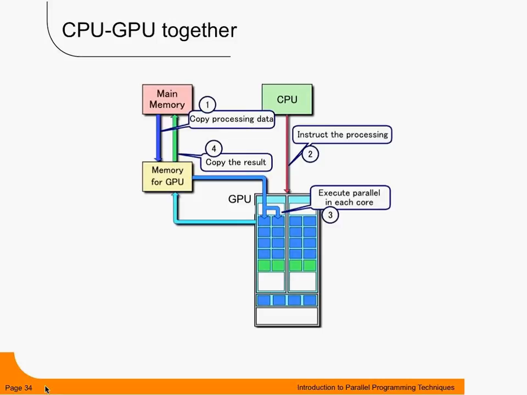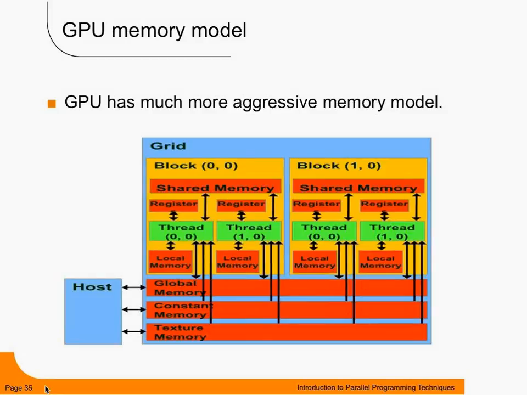So you can see the GPU memory model. If we revisit the CPU memory model, it has L1 cache, L2 cache, L3 cache, and the main memory, which is RAM. This is inside the host, and this is the rest, which is the GPU.